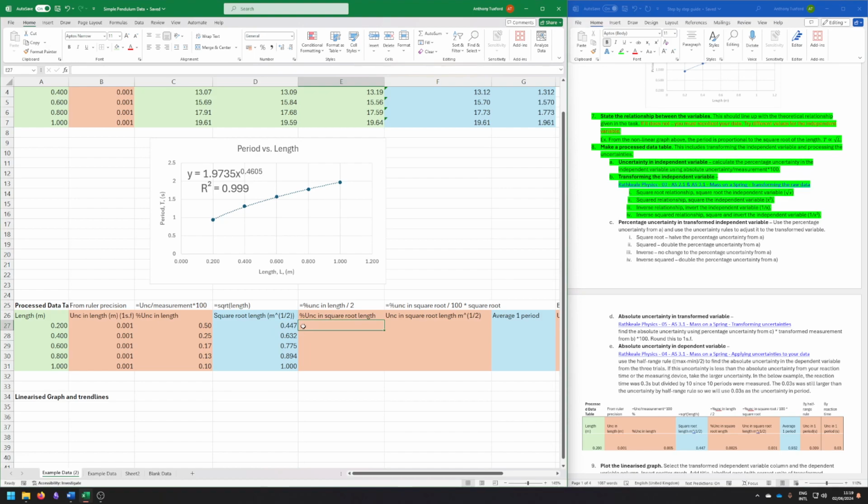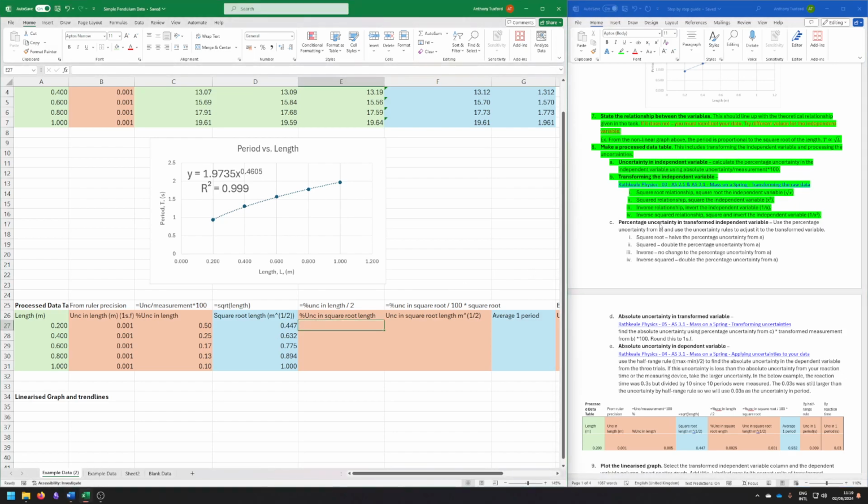But these calculations are a lot easier to do in terms of percentage uncertainty before then converting it to absolute uncertainty. If you're a bit confused on this step, your SciPad has some good pages on that, I think around 36, if I recall. So definitely have a look there as well.